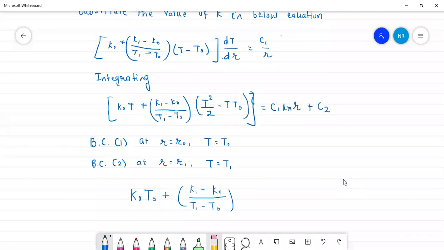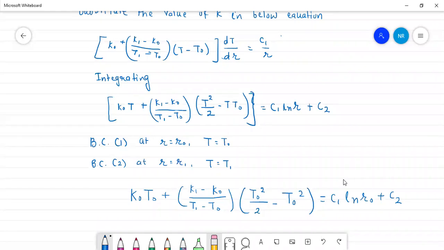T squared, that is T0 squared divided by 2, minus T is equal to T0. So this is equal to C1 ln r0 plus C2.